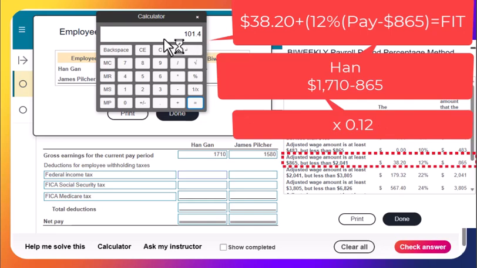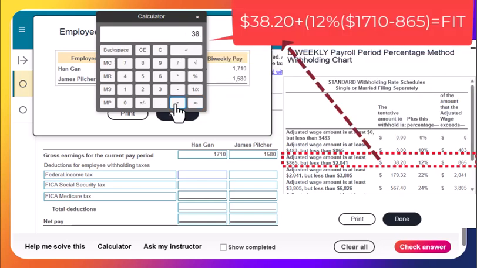But then we also have that $38.20 that we do need to add on here from the beginning of our calculation. So that's going to be $139.60. And we can go ahead and enter that here. And you can enter it as 139.6 or 139.60 because they are both numerically the same.